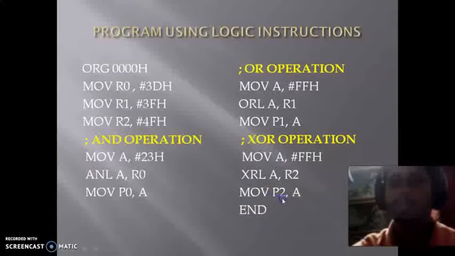So that is MOV P2, A, which means the content of A, the result, will be sent to port 2. So this is the way the AND, OR and XOR operations can be done, and we can send the data into a particular port as well as store our data into particular registers also. So this is a simple program by which we can understand the AND, OR and XOR operations.